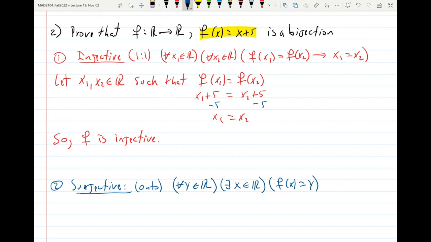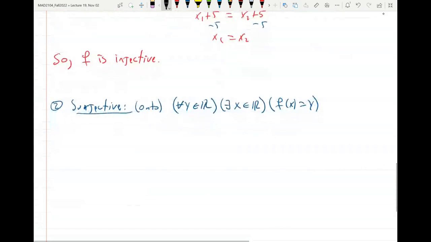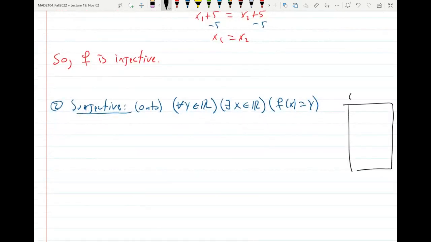I call this a corner computation. This is something that people don't see. You do it, and then you throw it away. And then you look clever. Oh, how did he come up with that formula? Well, he did this, okay? So what do we want? We want f of x to be equal to y, which means we want x plus 5 to be equal to y, right?